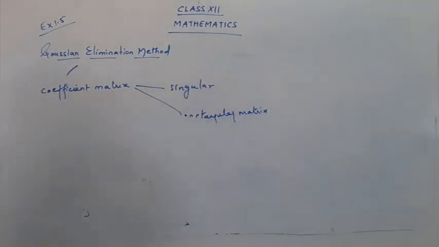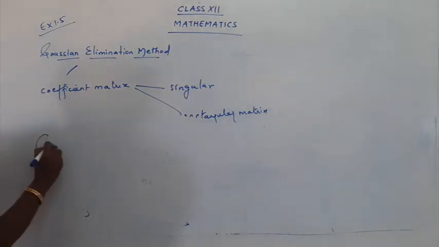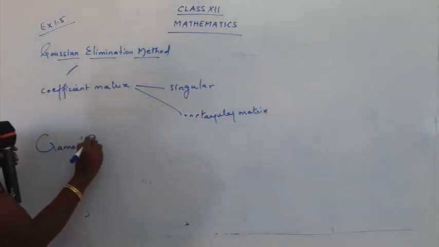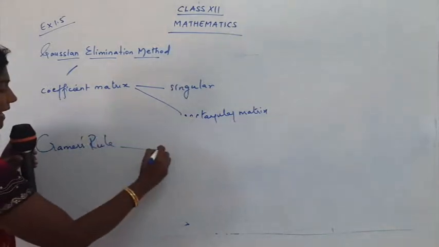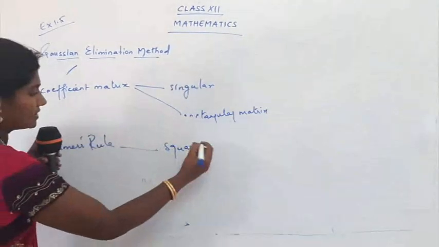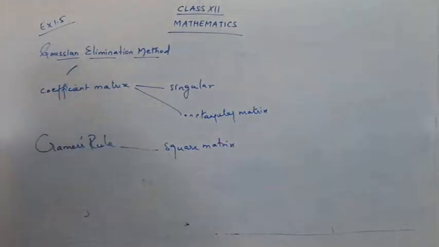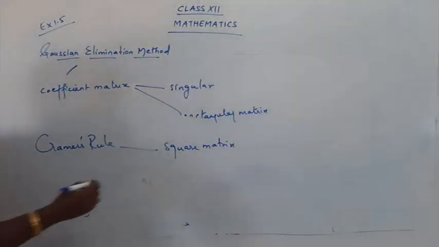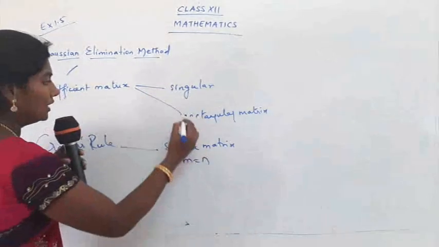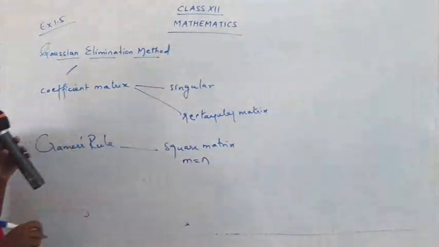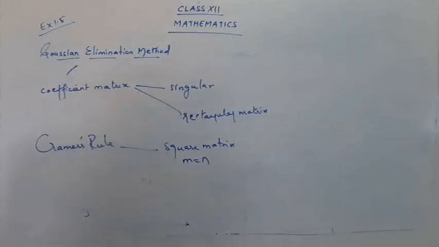Square matrix, do you know the meaning of square matrix? Cramer's rule is applied only to a square matrix, that is, the number of rows and the number of columns should be equal. M and N should be equal. But in the Gaussian elimination method, you can have a rectangular matrix also.